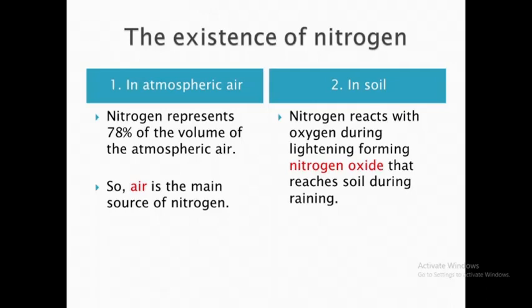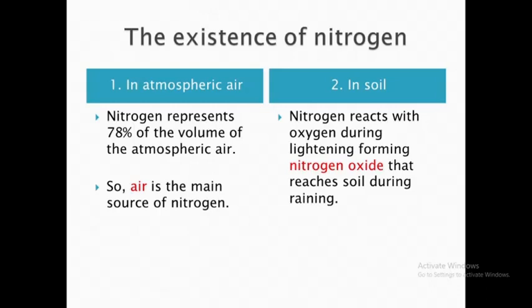So during lightning, a reaction occurs between nitrogen and oxygen. They are both gases, and when they react with each other during lightning, they form a new chemical substance called nitrogen oxide. And nitrogen oxide will dissolve in the water of rain and reach the soil.